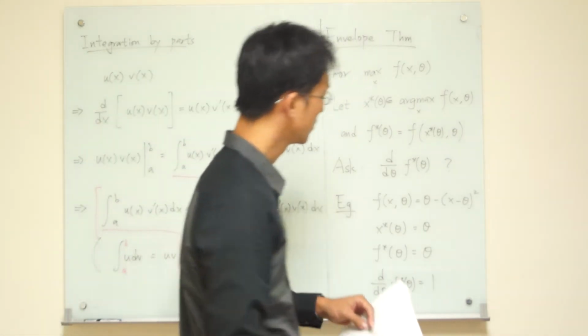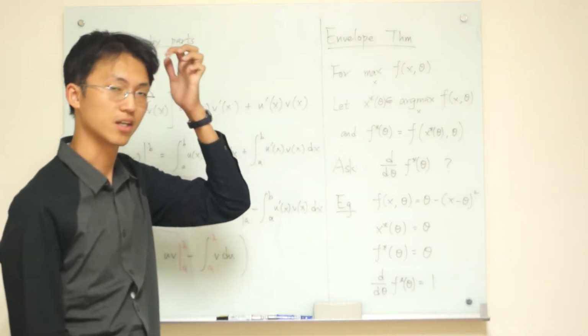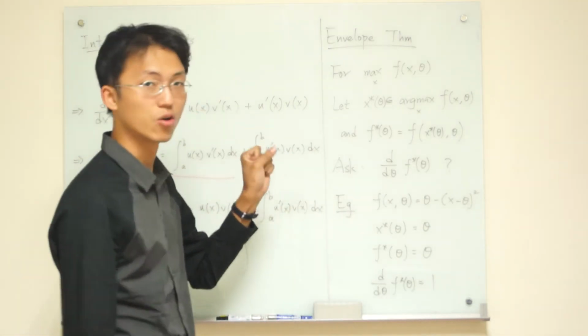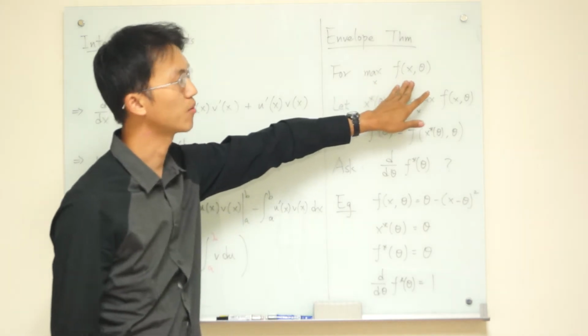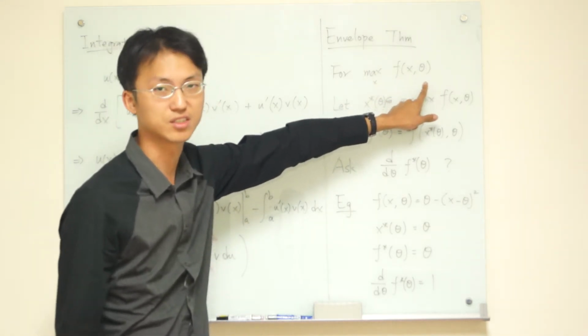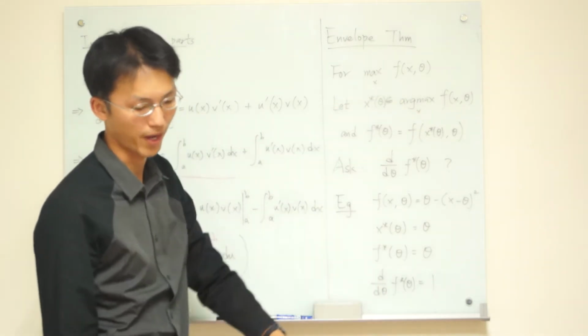Okay, now let's consider something new. It's called the envelope theorem. The name is not very important, anyway. So let's see what this theorem wants to tell us. Suppose you have a problem. Here you have two parameters in this function, and you are maximizing this function with respect to x.